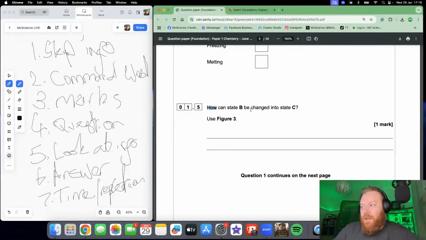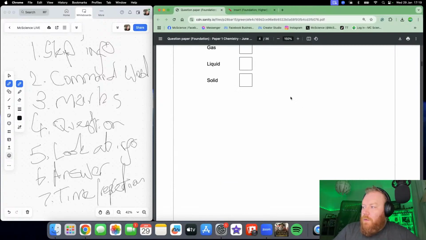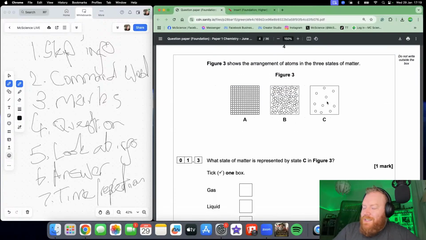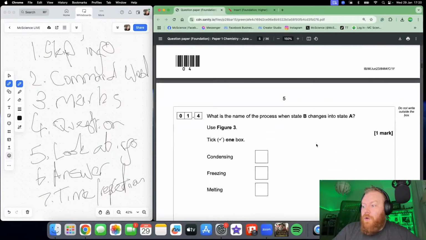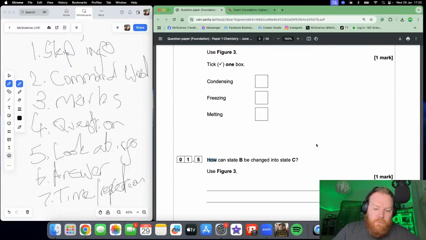How can state B be changed into state C for 1 mark? And when we're looking at B to C, we've got more energy. Therefore, for it to get more energy, we have to look at where it's getting it from. And in general, to get that energy, we heat it up.